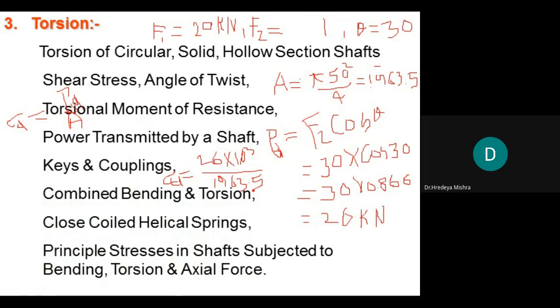So we just calculate this. That is 26 divided by 1963.5 into 1000.